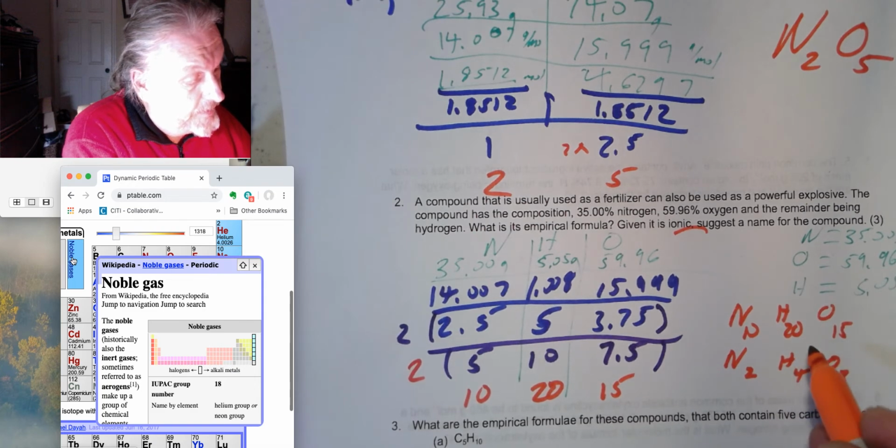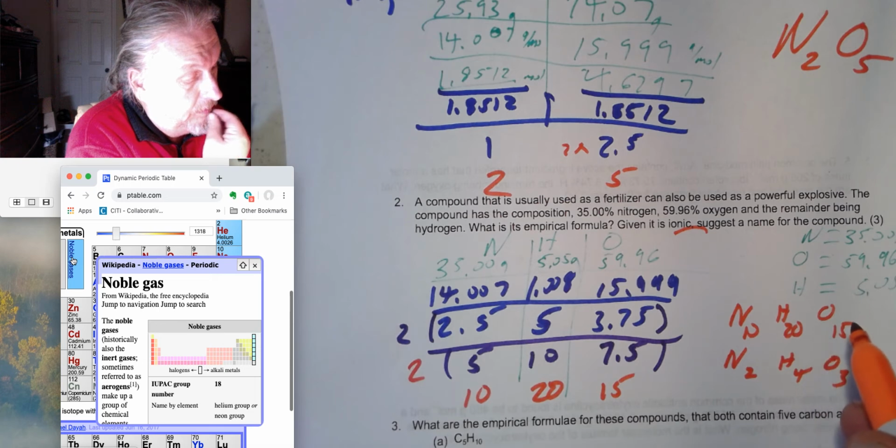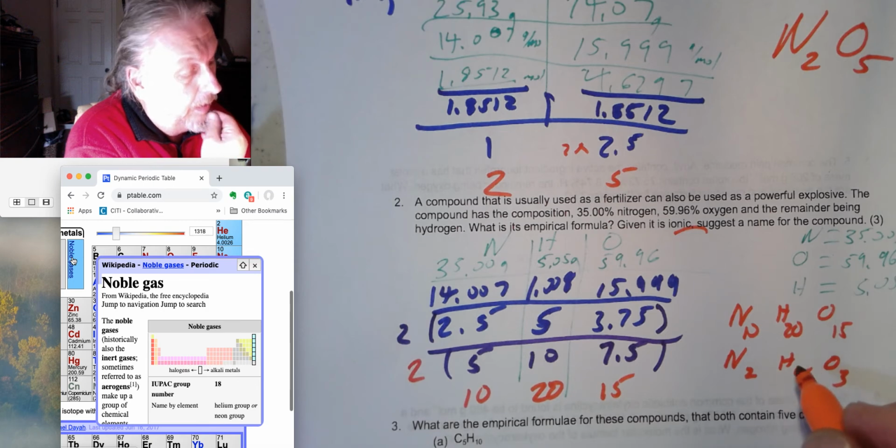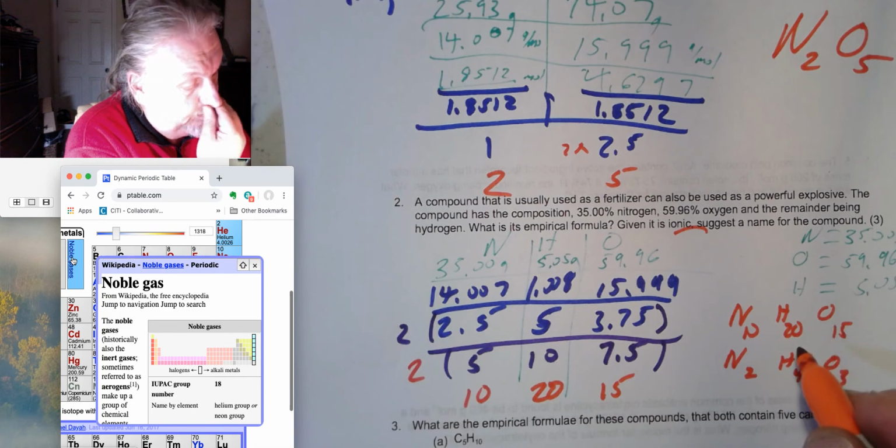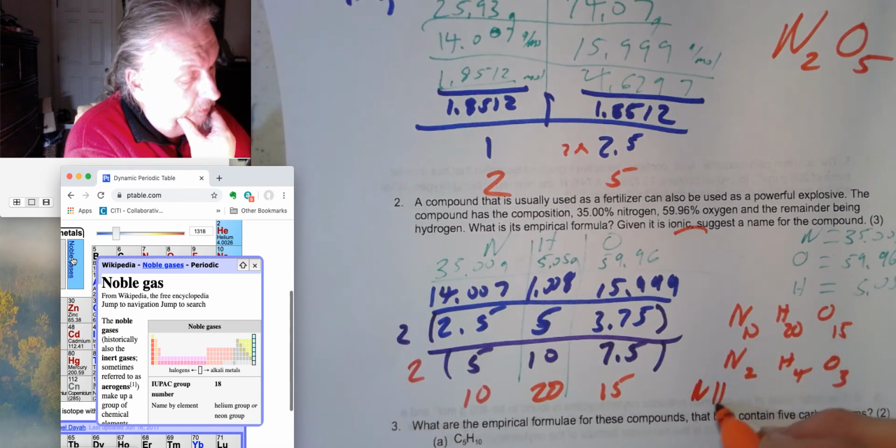All right, so this is ionic. Oh, you know what? This is ammonium. This is ammonium oxide.